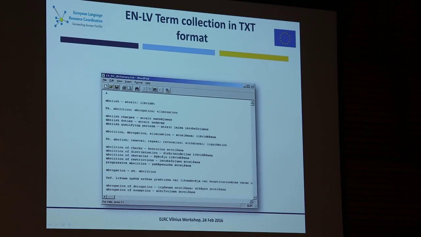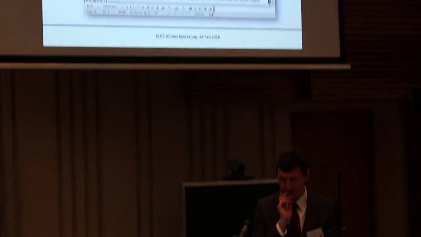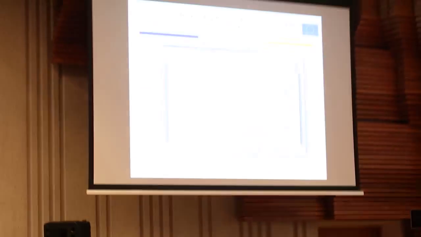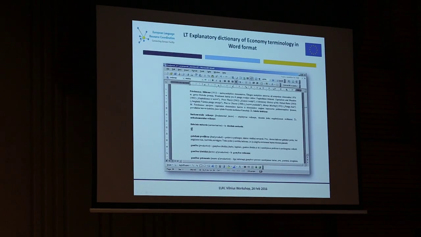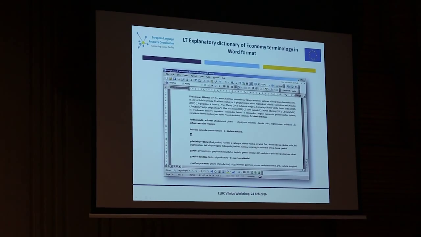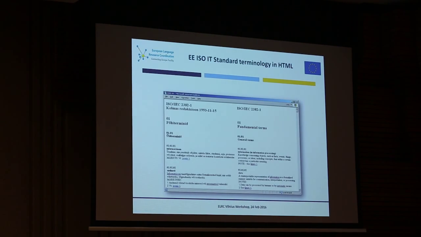And here I have examples of taxonomies, dictionaries and glossaries from different institutions in the terminology field that could be structured in different ways. This is an example of an explanatory dictionary in a Word document. Here you have another PDF document.